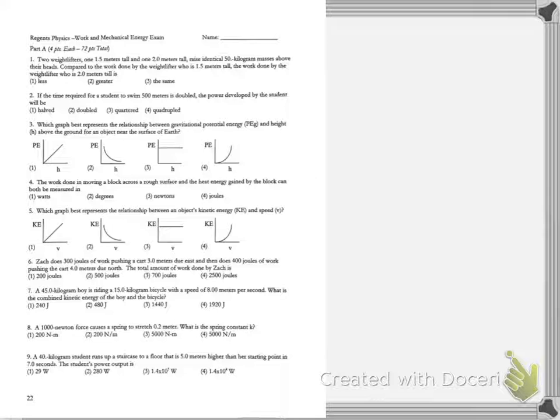You have two weightlifters, one 1.5 meters tall, one 2 meters tall. They raise identical masses above their heads. Compared to the work done by the shorter weightlifter, the work done by the taller weightlifter is... Work is force times distance.